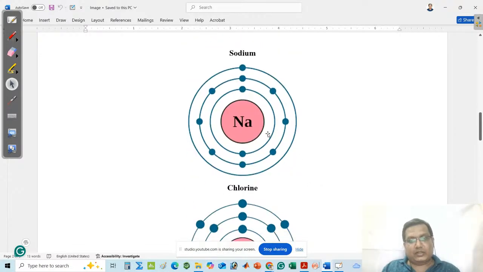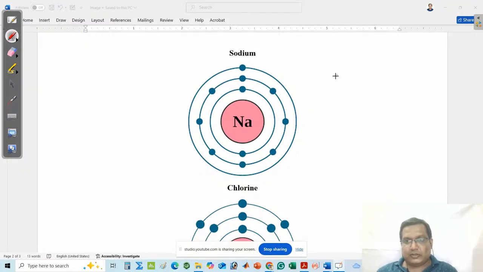Sodium has the electronic configuration 2, 8, 1. Look at that. Here the valency shell is the M shell, and it has one electron. So it is an unstable element.